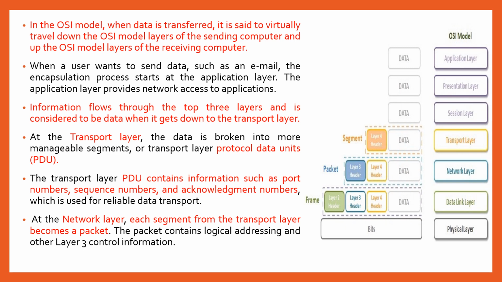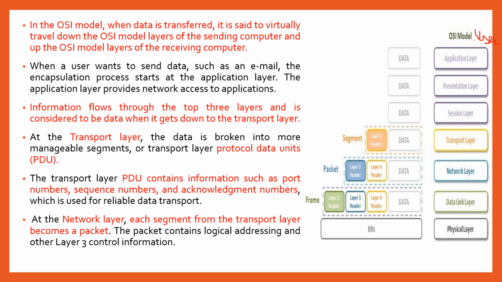And let us see how the data flows from the sender to the receiver. So whenever a sender wants to perform a data transfer, initially the user resides over here, that is above the application layer. Here is the user.